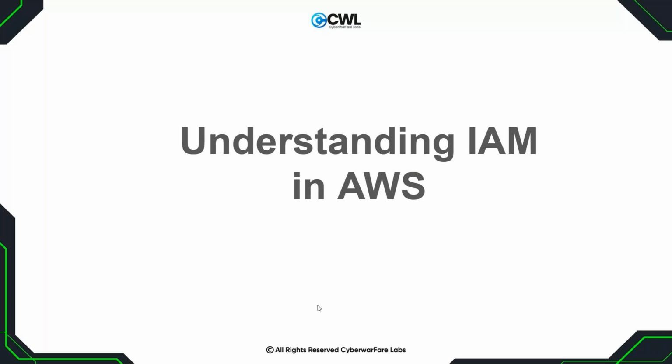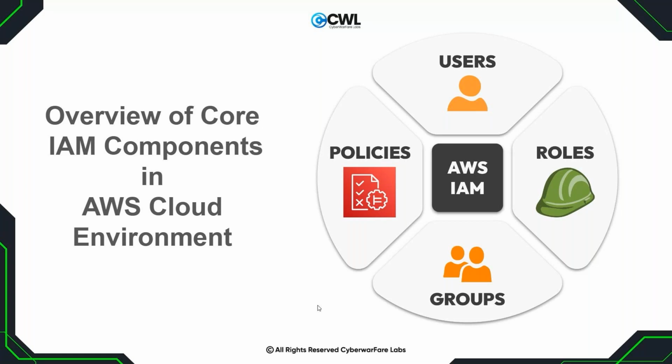In this segment of our webinar, we will be covering the core concepts and components of AWS Identity and Access Management, which is IAM. We'll also see how they contribute to a secure and organized cloud environment.